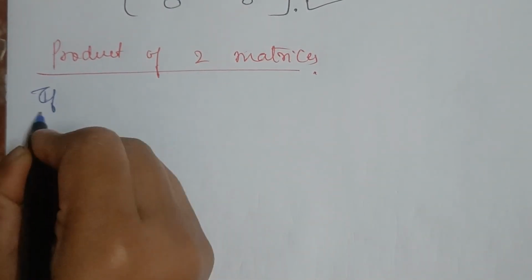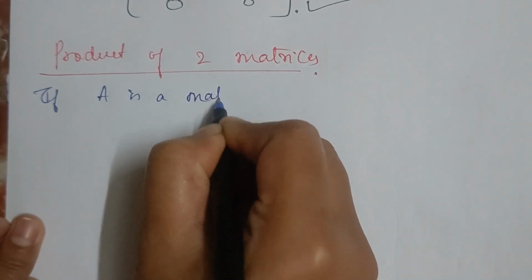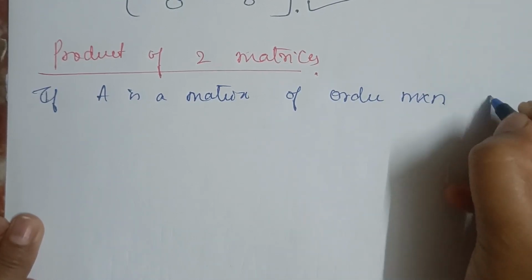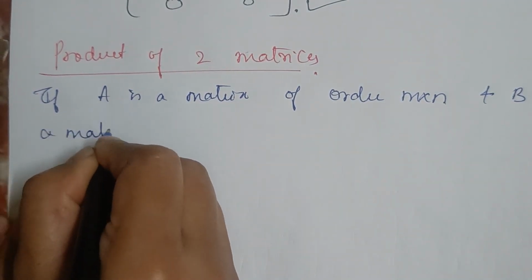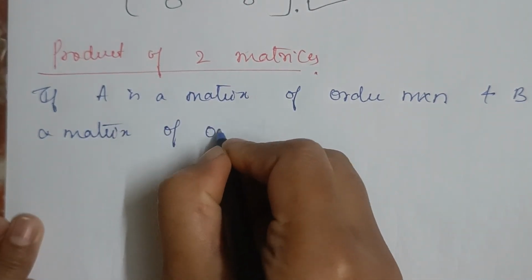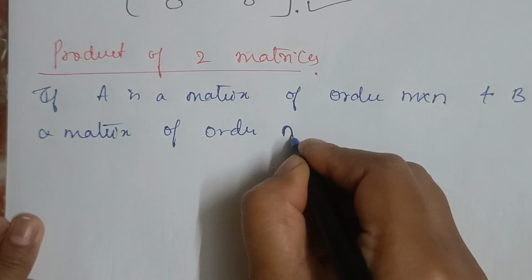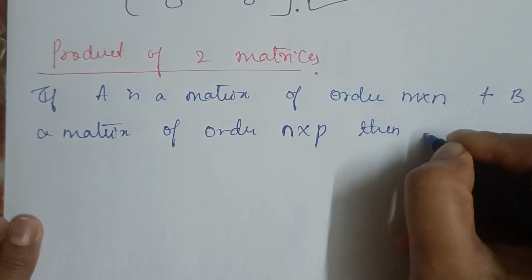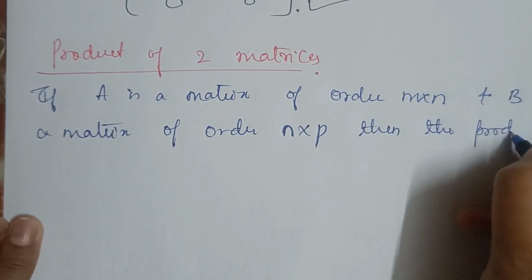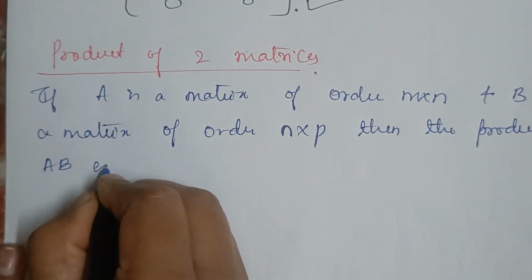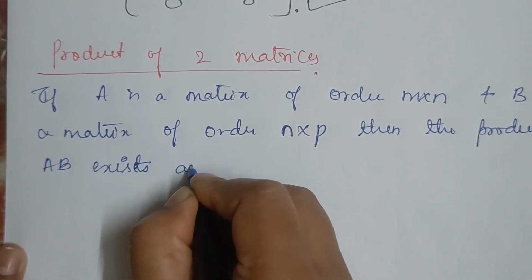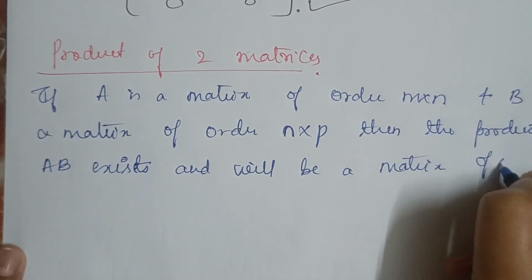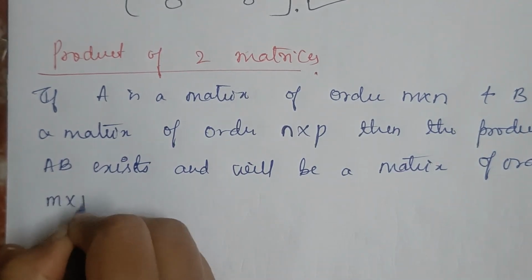If A is a matrix of order m by n, and B is a matrix of order n by p, then the product AB exists and will be a matrix of order m by p.